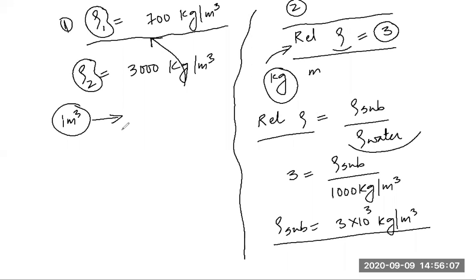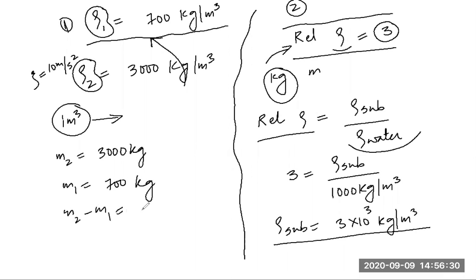Can't you say? 2300 kg. Even if you take g equal to 10 meter per second square, the mass of the second substance is 3000 kg. What is the mass of the first substance? 700 kg. So m2 minus m1 will be equal to 2300 kg.